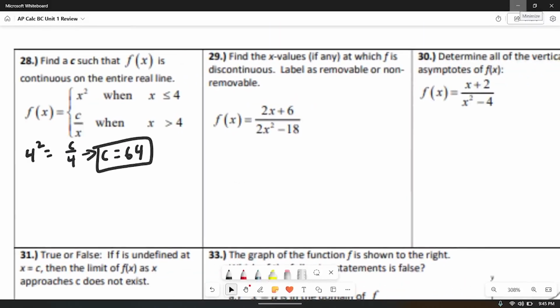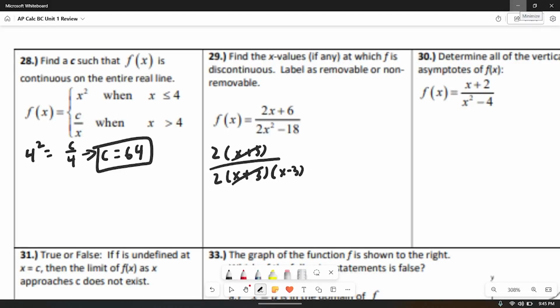Alright, for this one, find and label all the discontinuities. So when we're finding discontinuities, we always factor out the entire thing. So I can factor this into 2 times x plus 3, and then I can factor a 2 out of the denominator. That'll give me x squared minus 9, which can be factored using difference of two squares, x plus 3 and x minus 3.